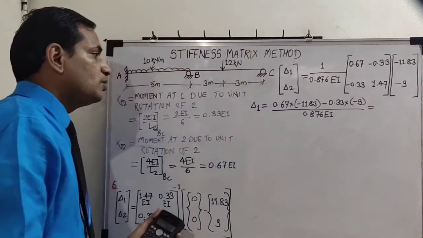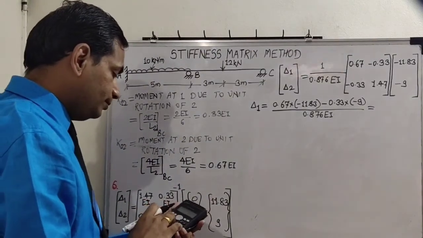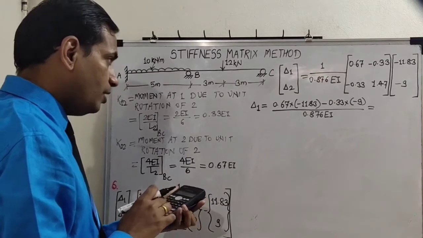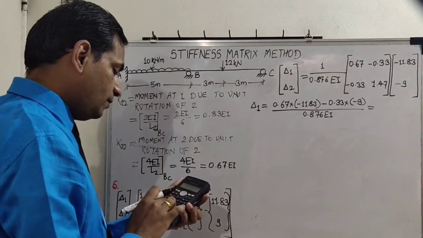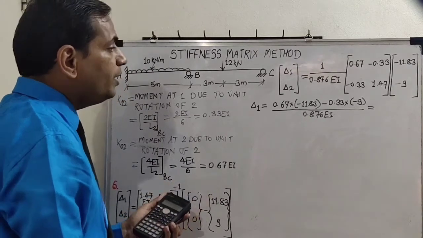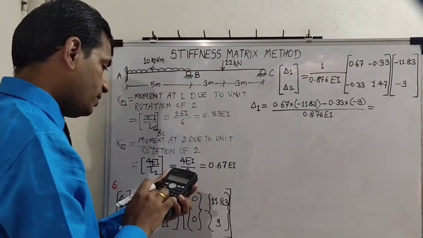Okay, so let us find this first unknown. 0.67 into minus 11.83 minus 0.33 into 9, totally divided by 0.876.